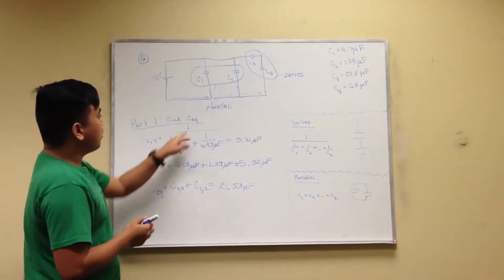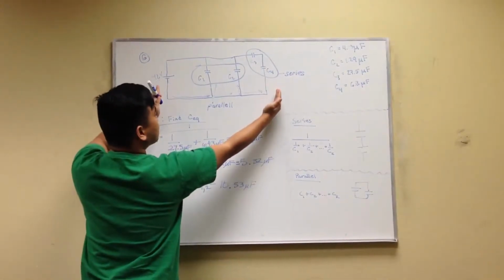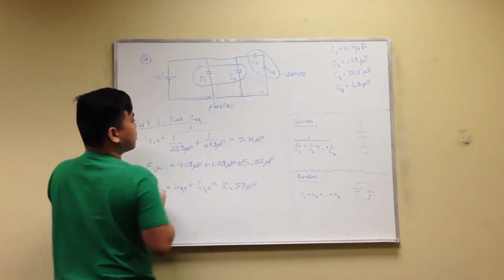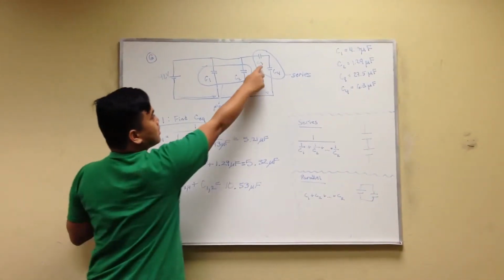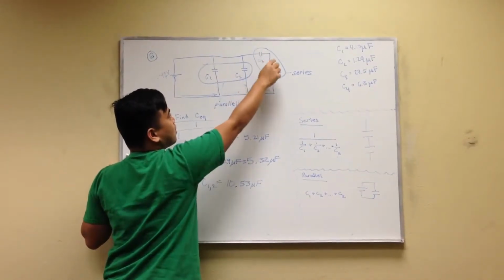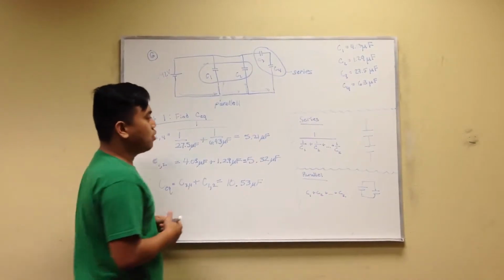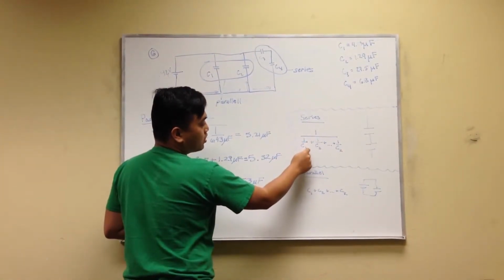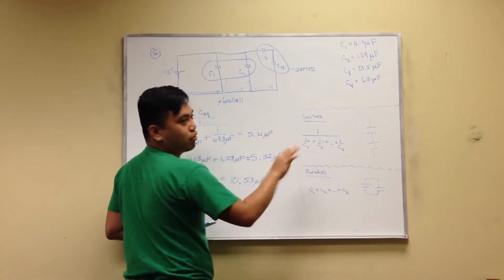To find the equivalent capacitance, we have to condense this whole circuit into one really simple circuit. Our way of solving it is we could view C3 and C4 as series because they're directly connected to each other. To do series capacitors, you do 1 over C1 plus 1 over C2 all the way up to 1 over CK, and then the reciprocal of that.